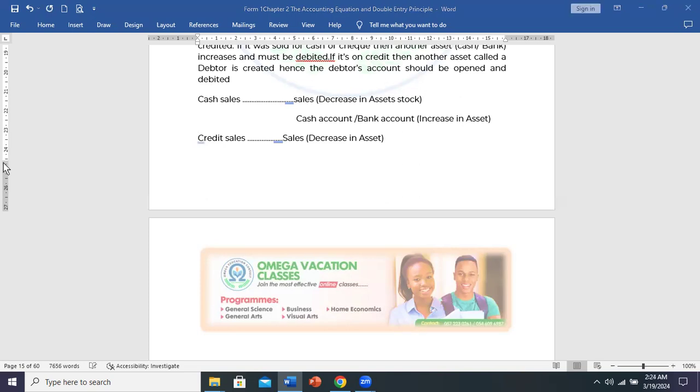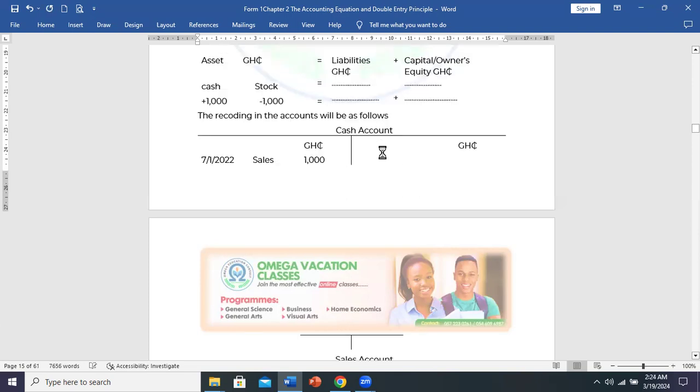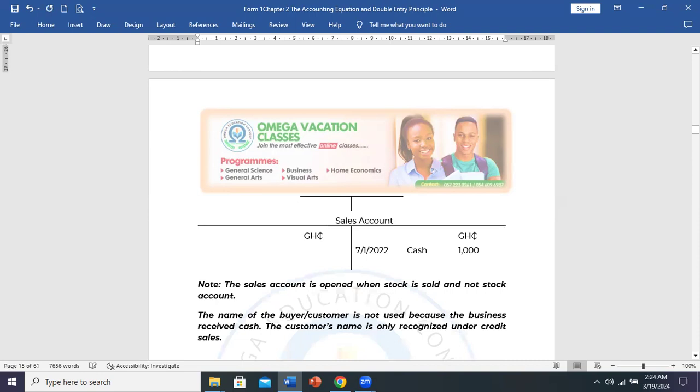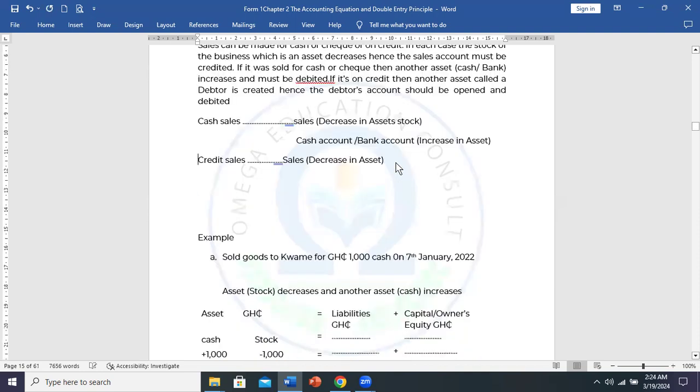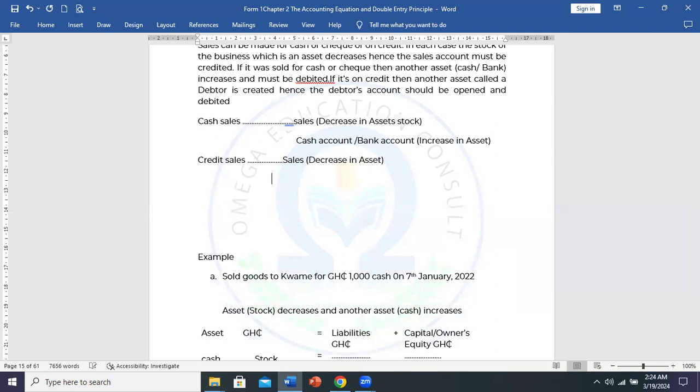So we open the second account, which will be the debtor's account. If the name of the debtor is given, use that. If the name is not given, the title of the account will be the debtors account. So let me add on here. Good. So we are going to open the debtors account, and then to show an increase in asset data.